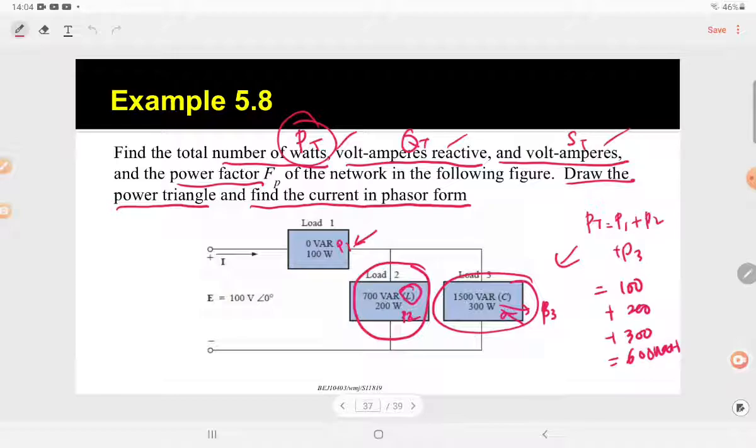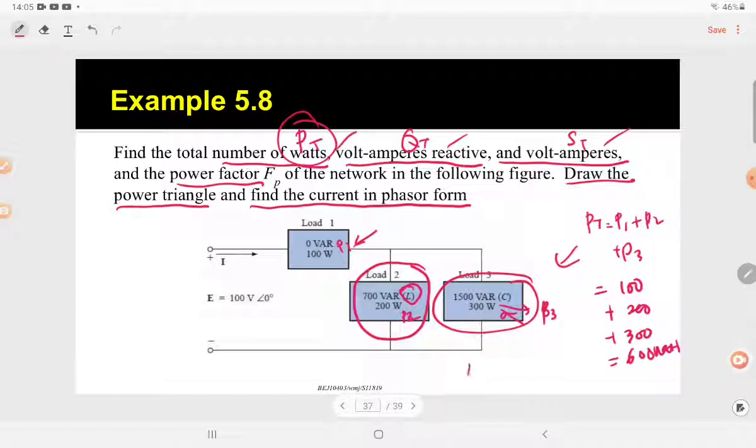So we just compare the 700 VAR and 1500 VAR over here. The value of the capacitive load is higher compared to the value of the inductive load, so we need to subtract these two values.